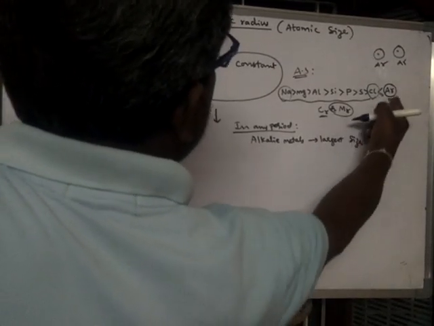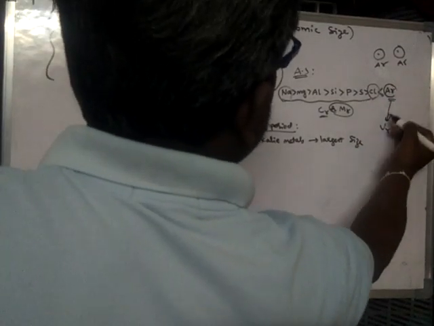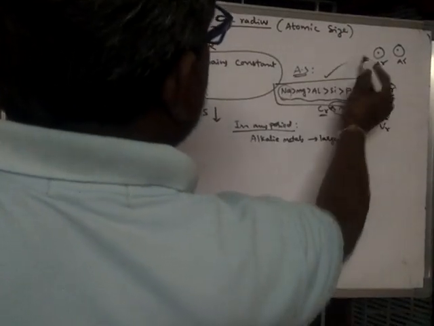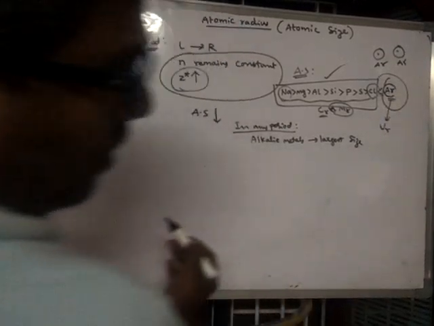We should not consider the van der Waals radius of inert gases, because they possess van der Waals radius. So generally we consider only up to halogens.